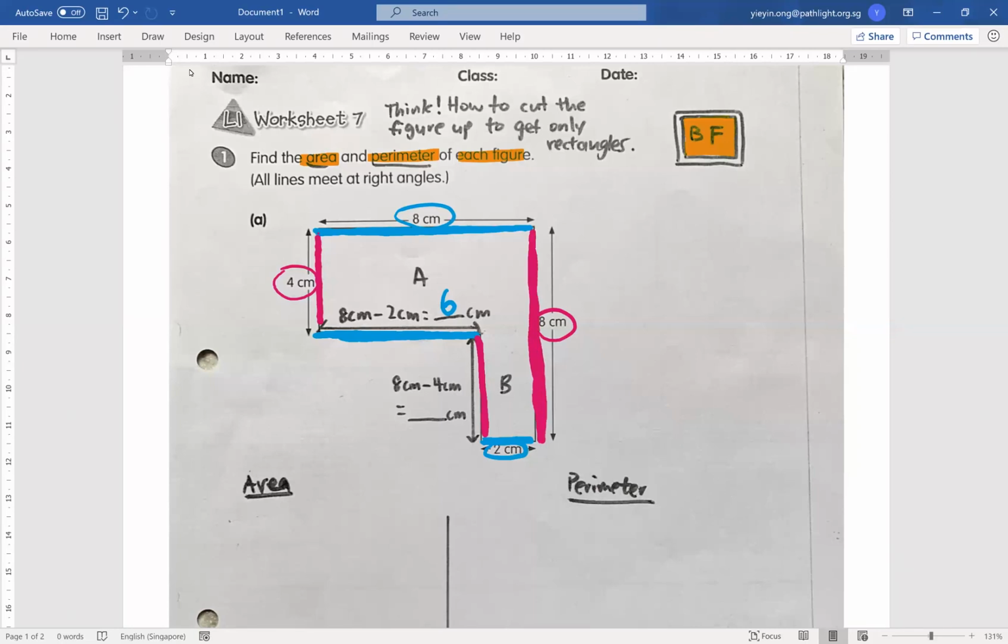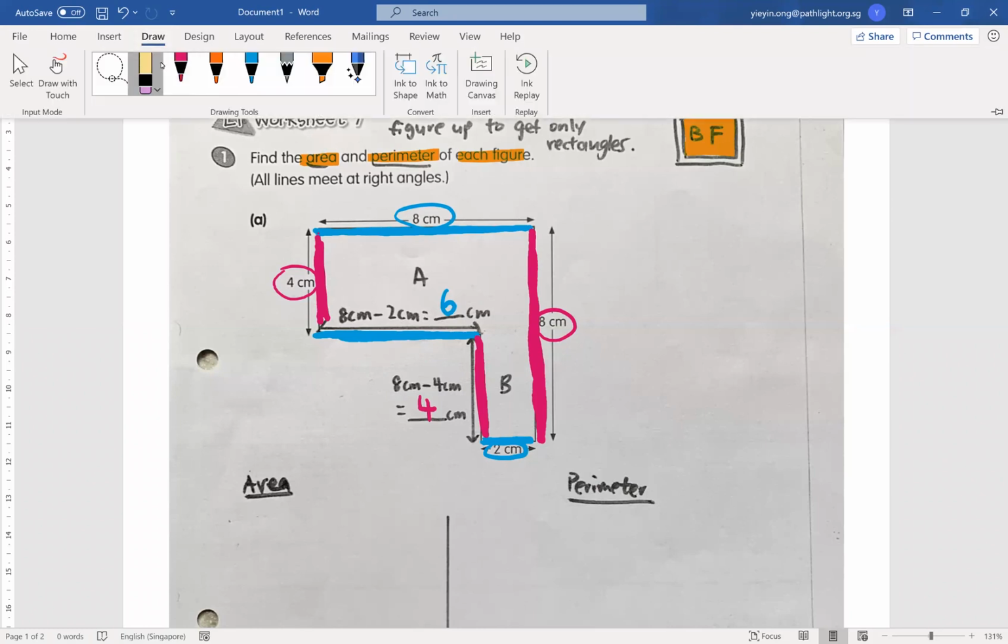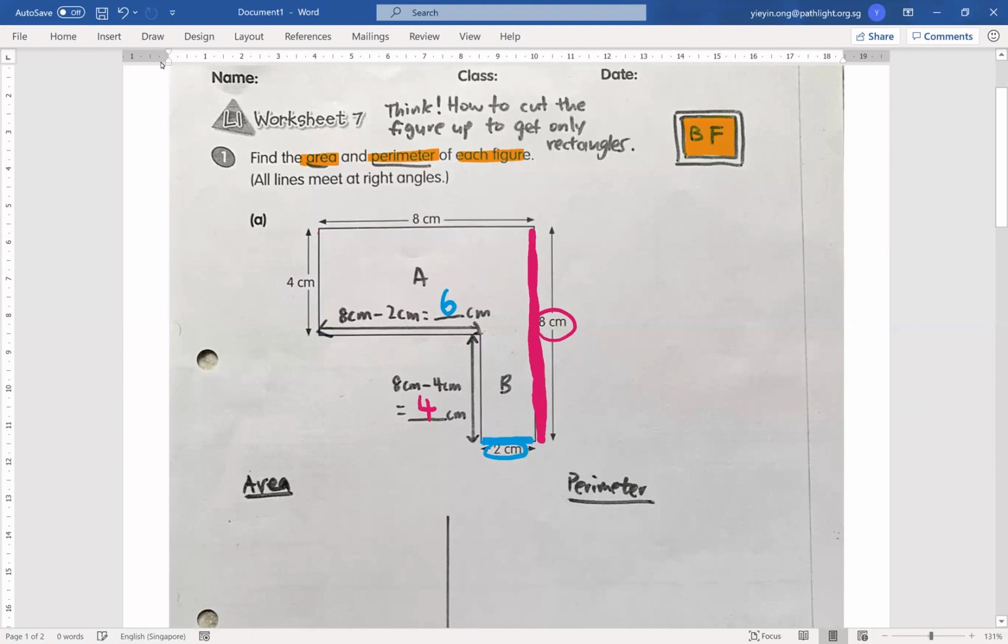So this whole side, 8 centimeter, is made up of one part, 4 cm, and the other part, question mark. To find question mark, I take 8 cm minus 4 cm. That will give me 4 cm. Now I'm going to erase all these highlighted parts because it's going to get a bit messy later.